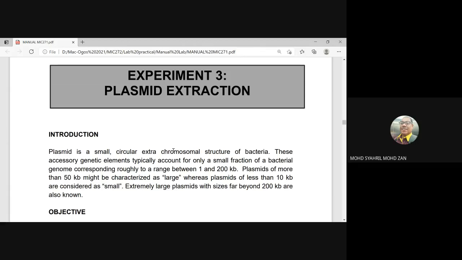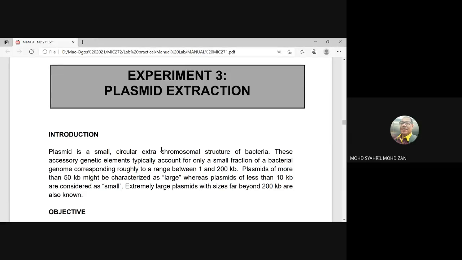If you go back to the video on the gene structure of bacteria, prokaryotes for example, they have another small circular extra chromosomal element. It is not the genetic, the gene structure is more on plasmid. So the main reason we have a plasmid is what? Plasmid actually is the main function for bacteria to exist.